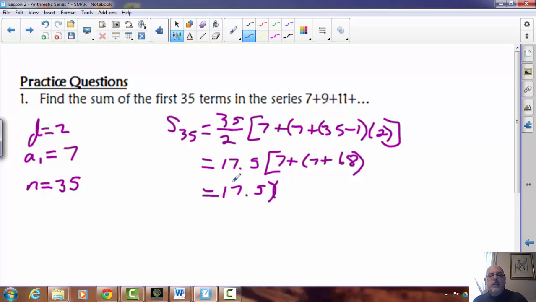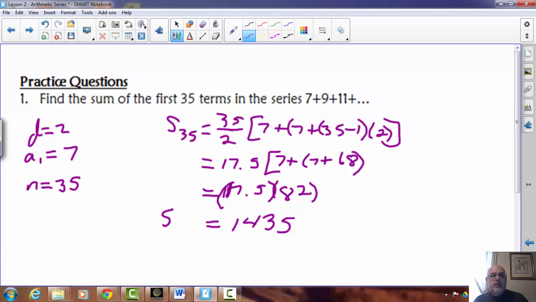17.5 times, that's a 17 there. 7 plus 68 is 75 plus 7 is 82. So the sum of the first 35 terms is 17.5 times 82, or 1,435.